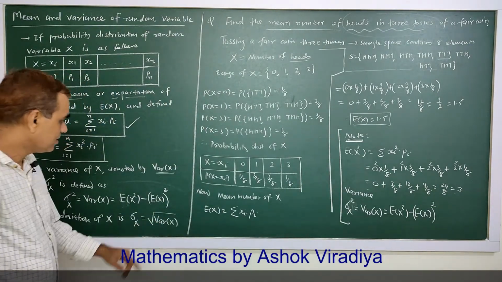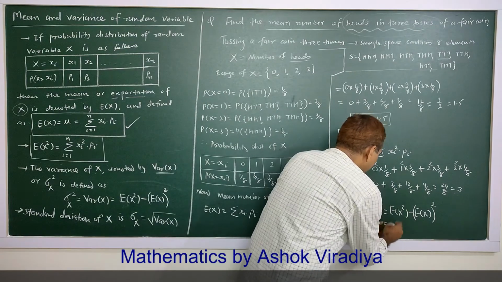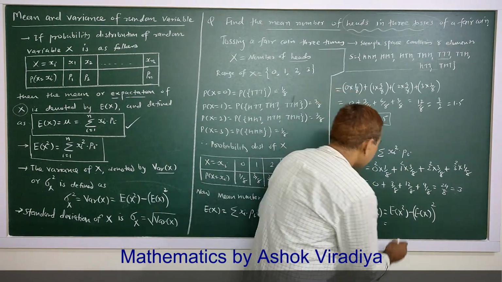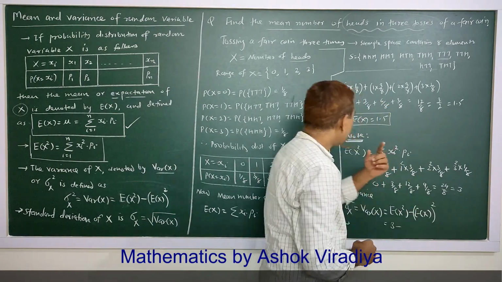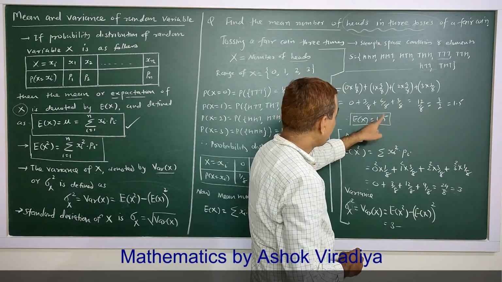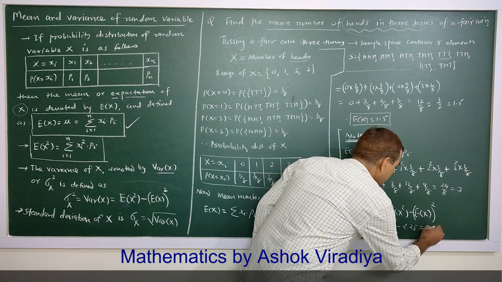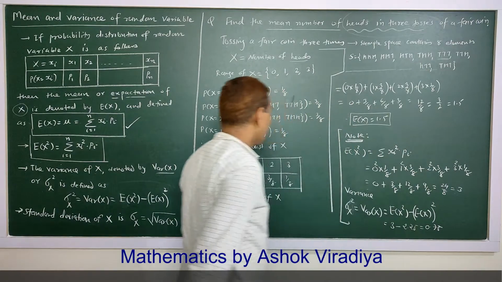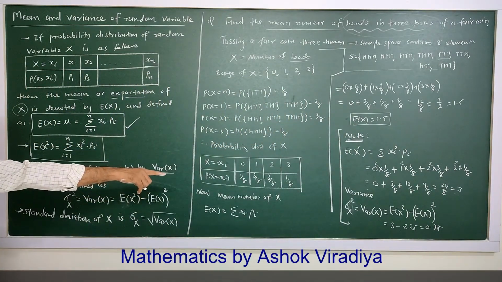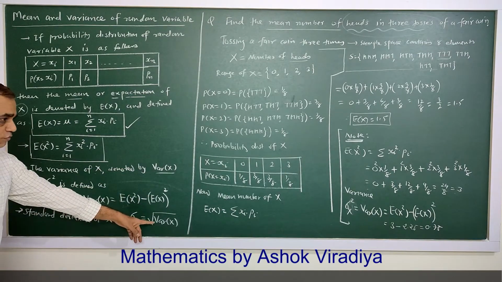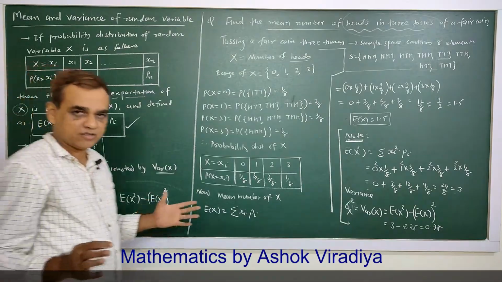Putting the values in this formula, E of x square is 3 minus E of x whole square, this is 1.5, so 1.5 square is 2.25, so 0.75 is the variance. And if we take the square root of that variance, then it will be the standard deviation.